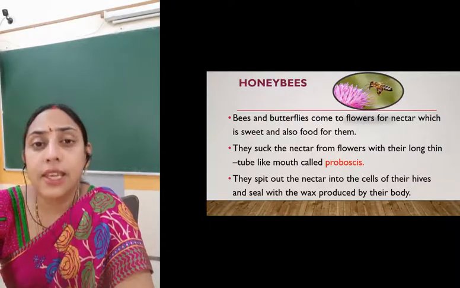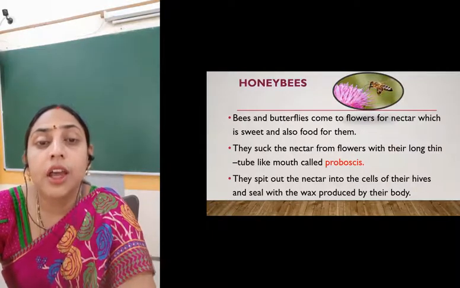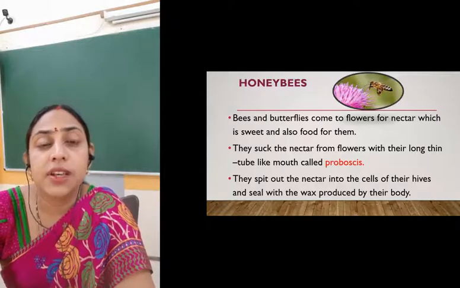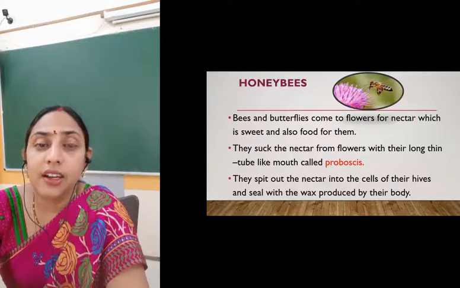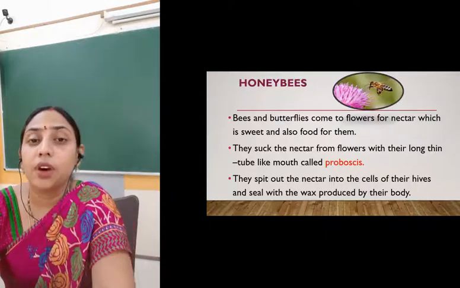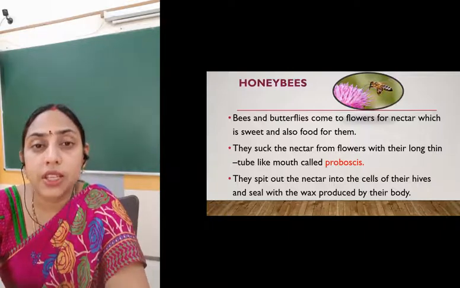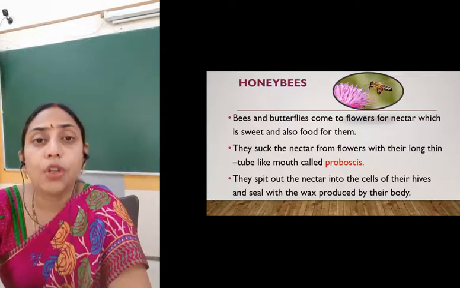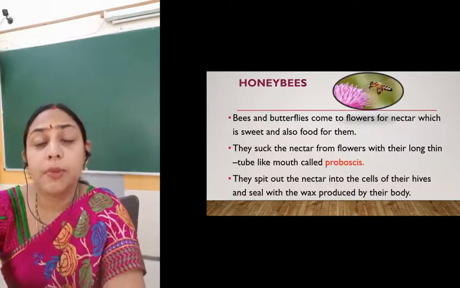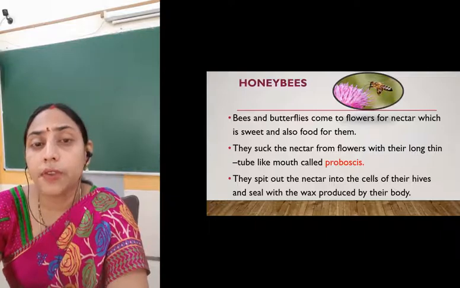Now when the bees or butterflies sit on one flower and then on another flower, these pollens get attached to the body of these insects, and through them they get transferred from one flower to another, from one plant to another, and they help in the reproduction of the plants. That means they help in the growth of new plants, right. So here the bees and butterflies act like agents for transferring these pollen grains from one flower to another, okay.